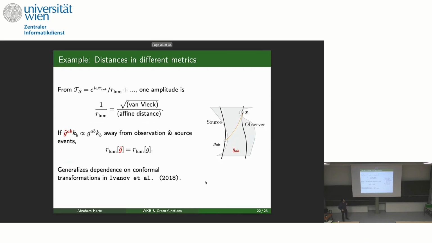If you transform the metric in this particular way, this amplitude is going to stay the same, or transform covariantly. In a simple case, these luminosity distances will basically stay the same under this huge class of metric transformations.